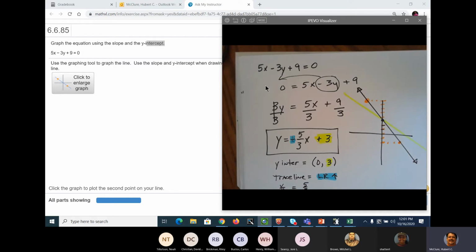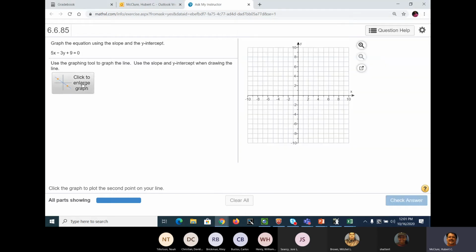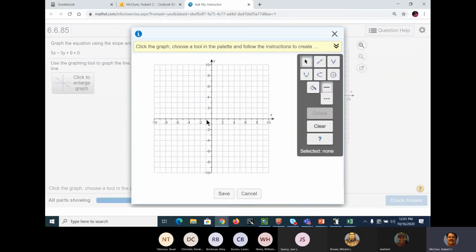So I'm going to plot my y-intercept. Zero, 3, isn't it 3? Yeah. And I know it's going this way. So all I got to do is go 5 up, 1, 2, 3, 4, 5, 1, 2, 3.